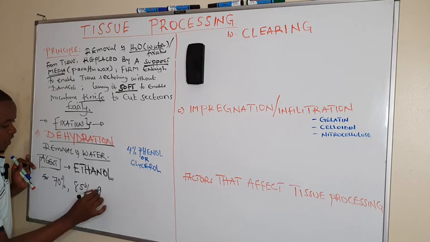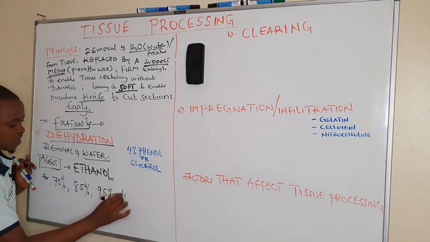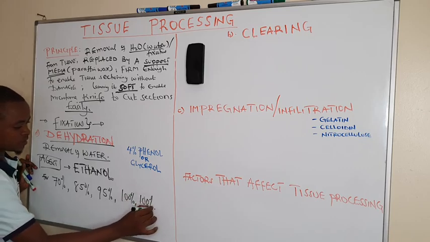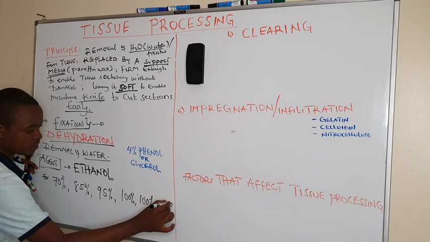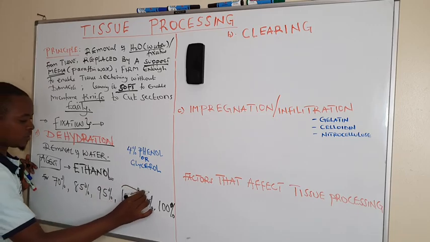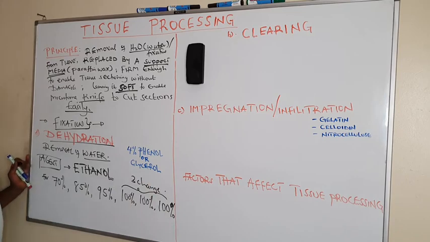Then we can go to 95%. Then finally we go to three changes of 100%. We take it to 100%, 100%, and 100% ethanol. So this is three changes. We use three changes of absolute ethanol.